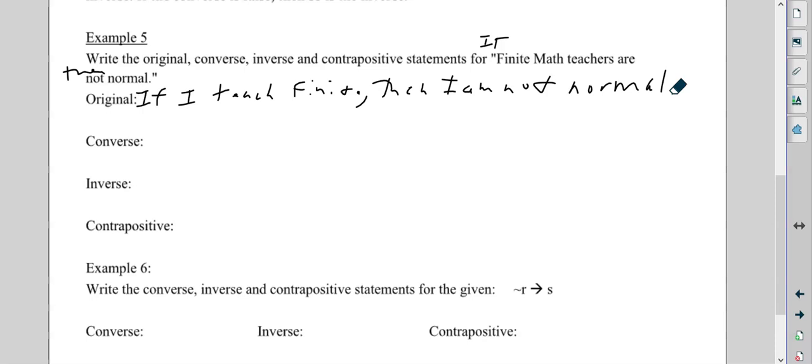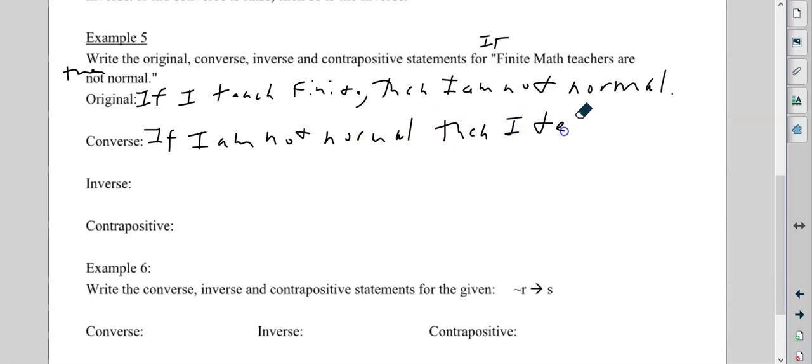All right, the converse. Remember, we're just switching them. So if I'm not normal, and remember, we're keeping the not because that was part of my original statement, then I teach finite. The inverse negates the original.